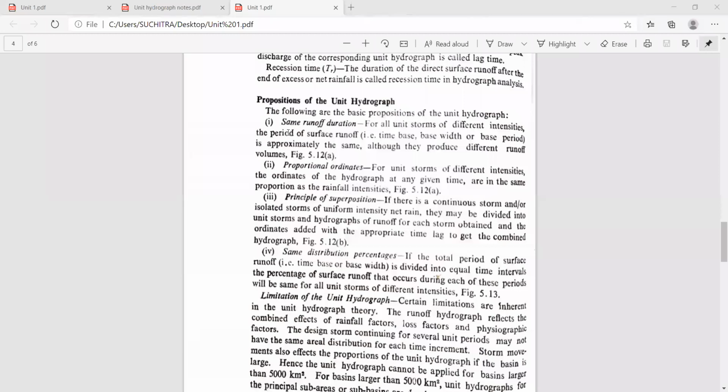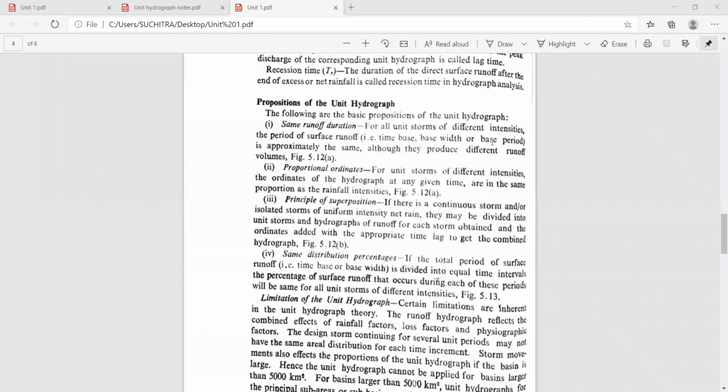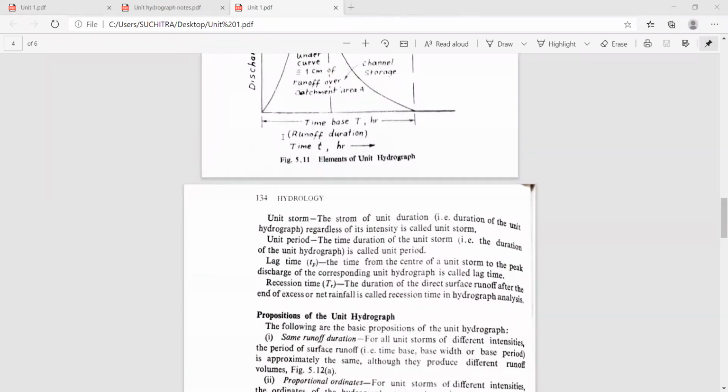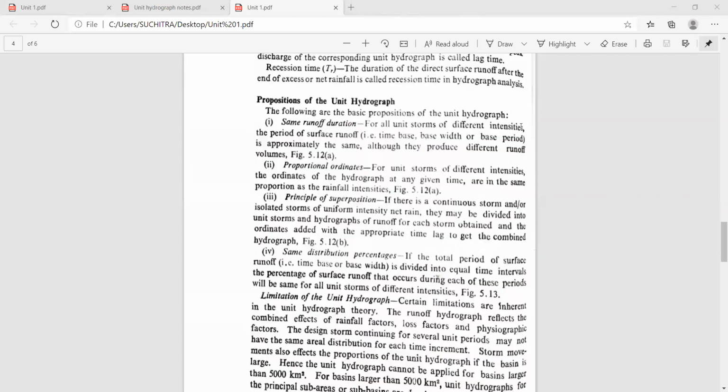The first assumption is same runoff duration. For all unit storms of different rainfall intensity, the period of surface runoff, or the time base, base width or base period, is approximately assumed to be the same, although they may produce different runoff volumes.